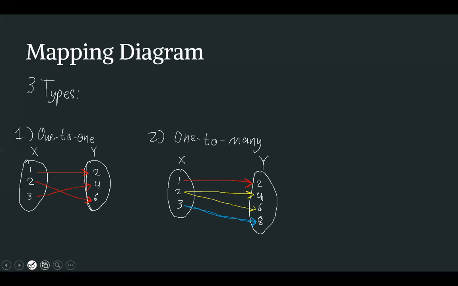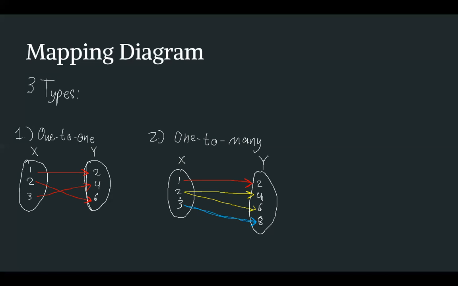All right. So let's go back. What did you notice from the first diagram compared to this second diagram? In the first diagram, one element connects to one element only. Here, 1 is matched to 2, and 3 is matched to 8.